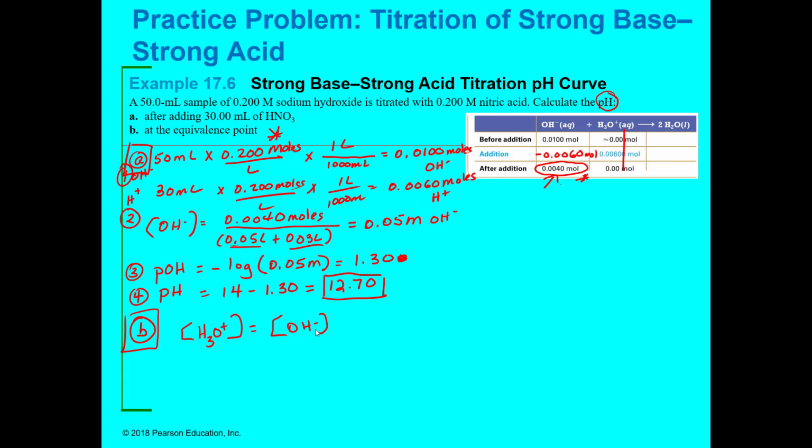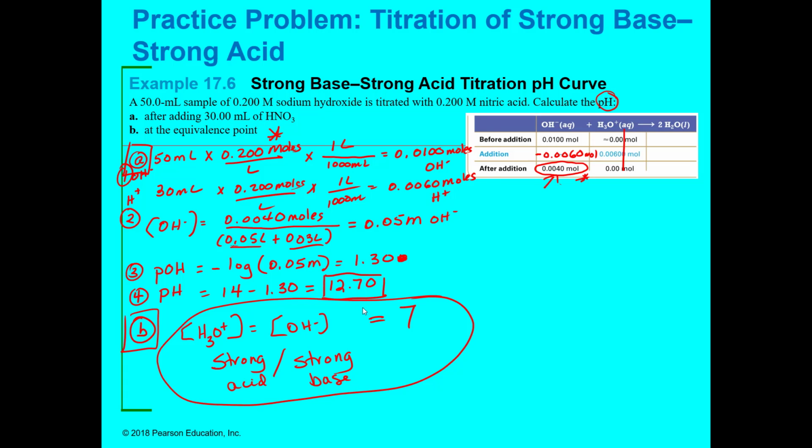And we said that at equivalence, a strong acid and a strong base is always going to be equal to 7. So you just need to know that. You don't have to work that. You just need to remember that when you titrate a strong acid and a strong base, your equivalence point is going to be 7, because that's when your H3O plus and your OH minus are going to be equal. Okay? Strong acid, strong base, always going to give you that.